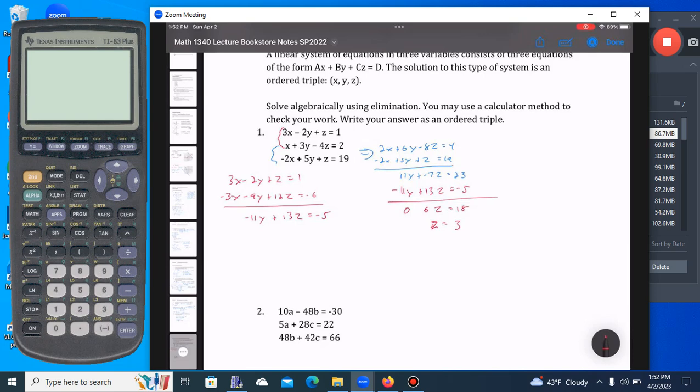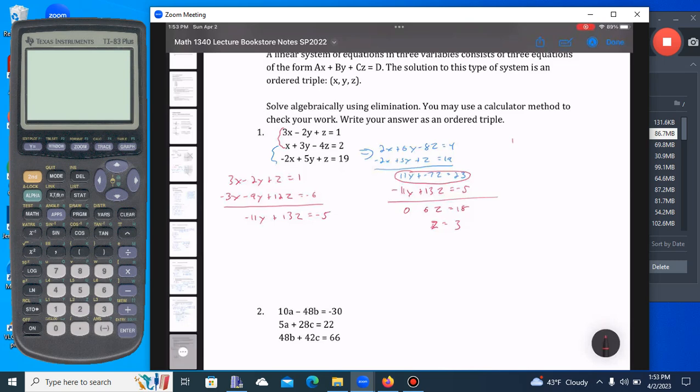Once you get a value for x, y, or z, you know there's going to be one x, y, and z solution. So now what we do is we work our way backwards. We take one of these equations and we solve it for y. I'm going to take this equation, solve it for y.